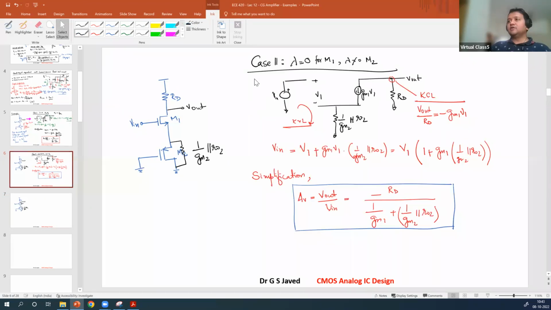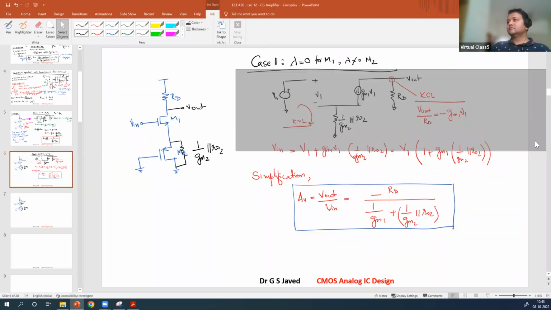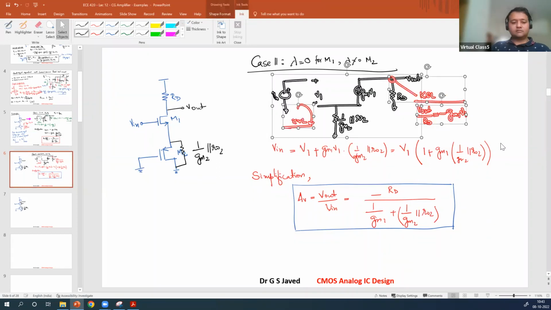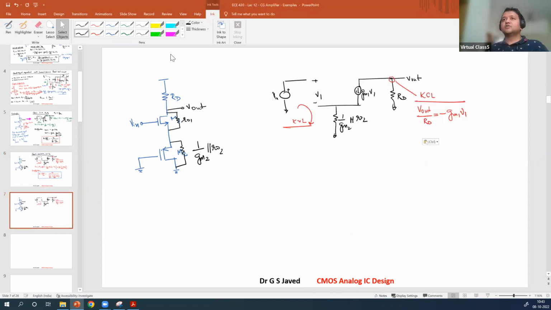How will the small signal value change in that case? So this will be case 3. Lambda is non-zero for both M1 and M2. And how will that change itself?